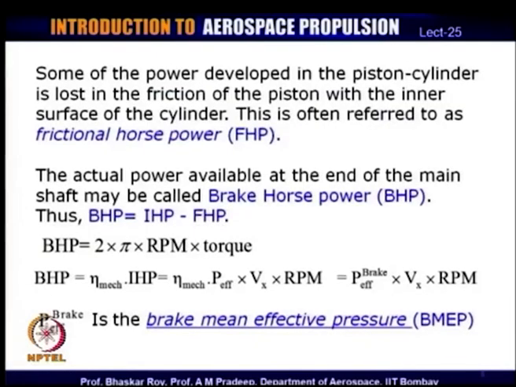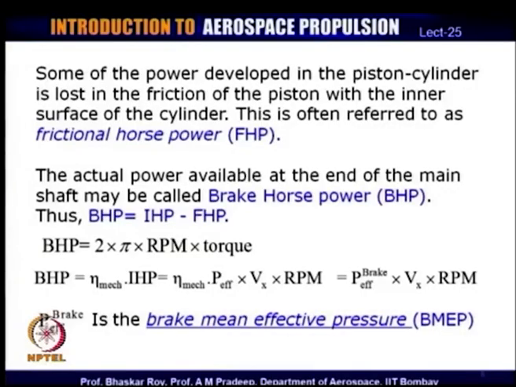Now, some of the power that is developed in the piston cylinder is actually lost in friction between the piston and the inner surface of the cylinder. This is often referred to as frictional horsepower, and this is a continuous affair. It is going on during all the strokes of the piston.